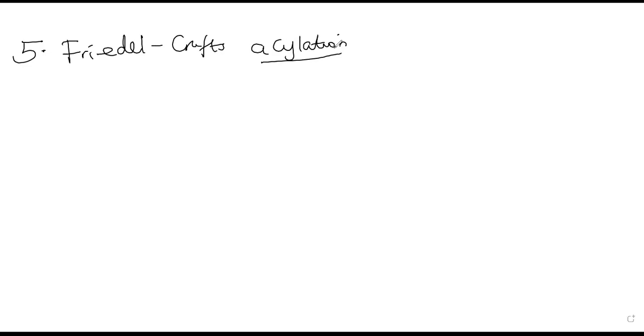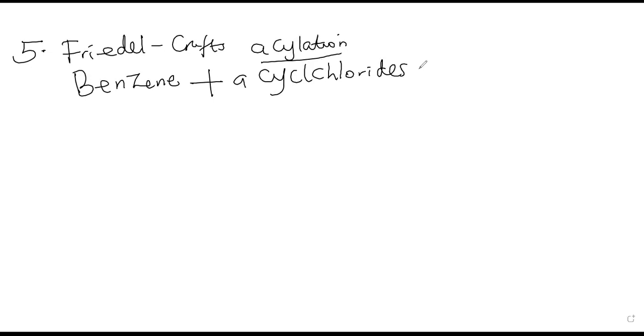But here basically, I want you to know that benzene reacts with the acyl chlorides. This reaction involves benzene reacting with acyl chlorides in presence of a halogen carrier. So we shall have halogen carrier or Friedel-Crafts catalysts.